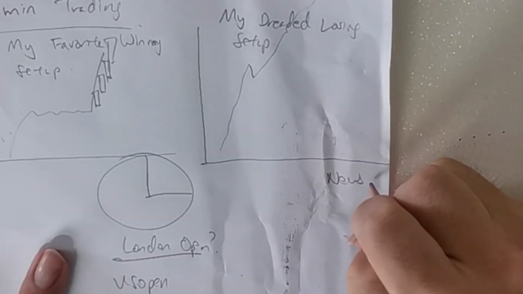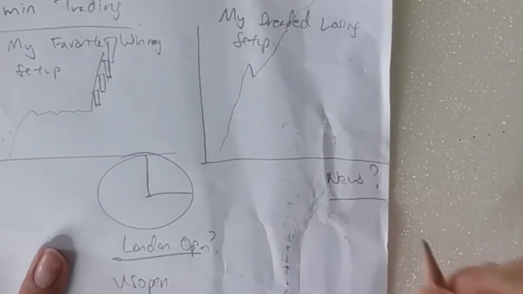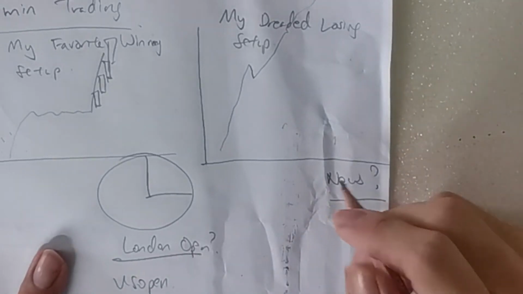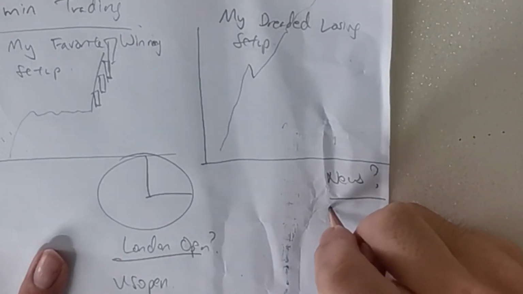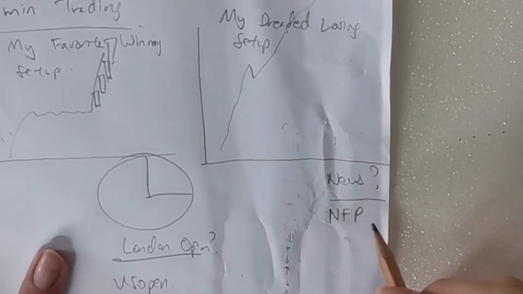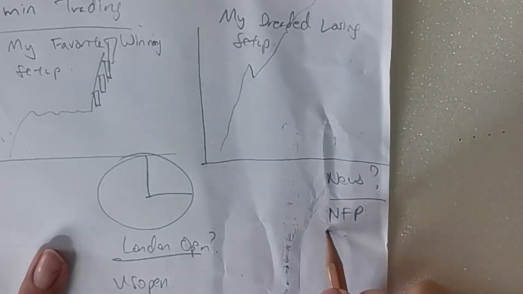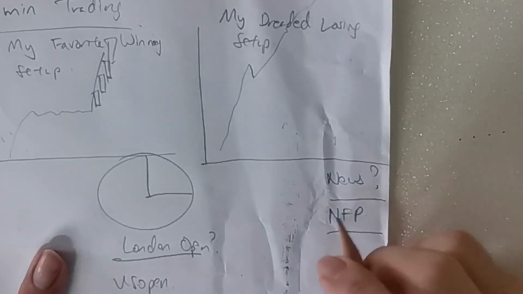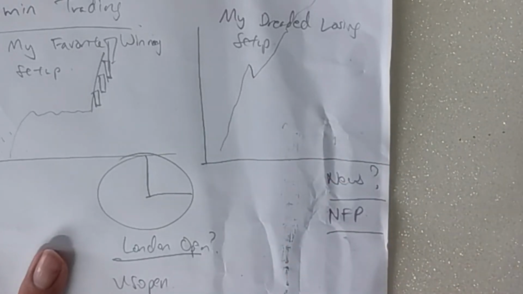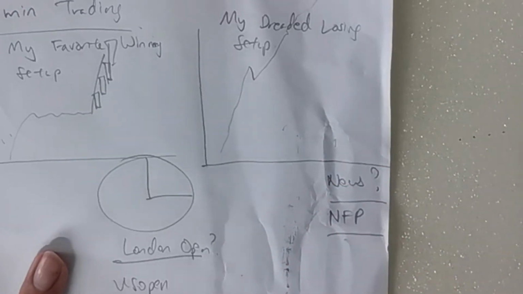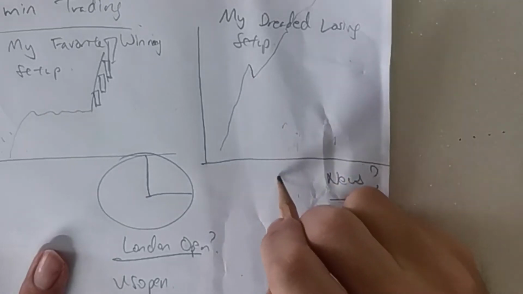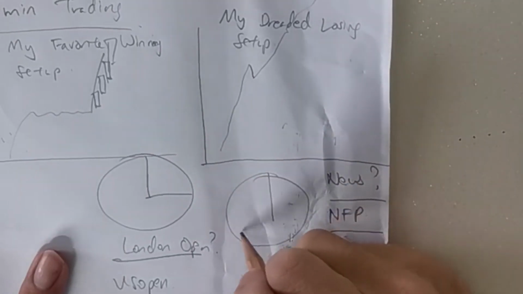What news was on? Was there an event? Was that non-farm payrolls that you forgot? Was there some kind of a member speech that you ignored? What time was it that it happened?